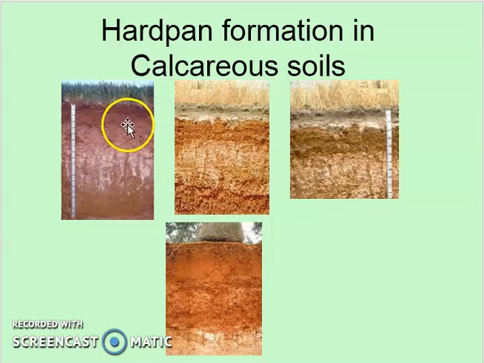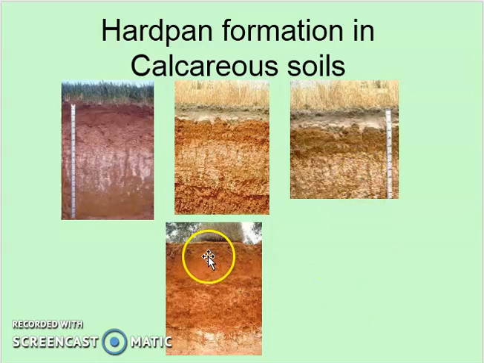Here, after irrigation, the calcium carbonate dissolves in water in the form of calcium hydrogen carbonate, or calcium bicarbonate, and here, after the water dries up, the calcium hydrogen carbonate is precipitated in the form of calcium carbonate and consolidates because its concentration increases, producing a hard band like this.